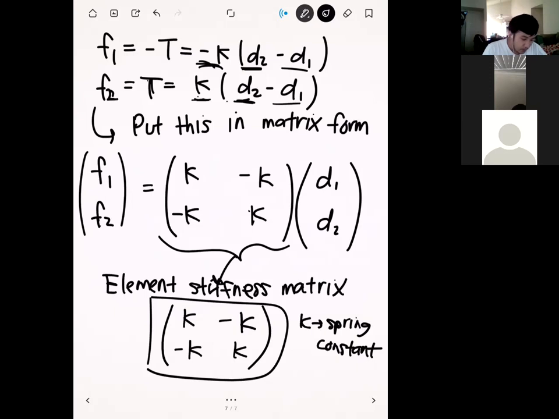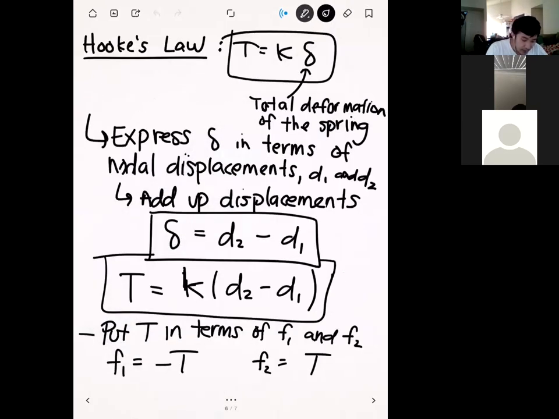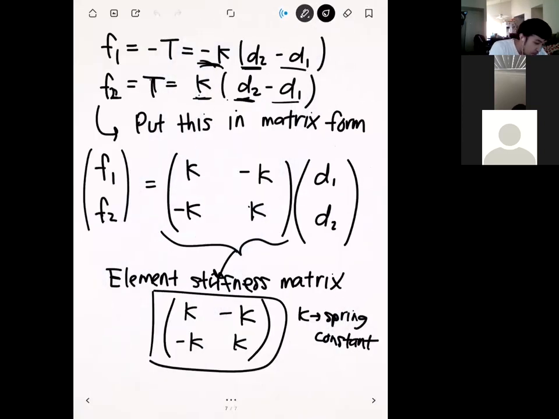Right. So remember, our formula for T was from this page, right? So T is equal to K times D2 minus D1. Yes. And since F1 is equal to minus T, this minus right here came from that.